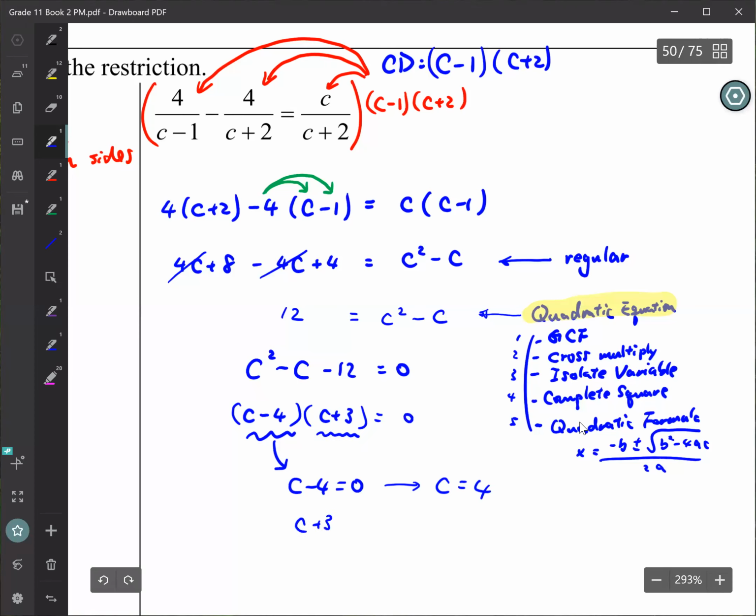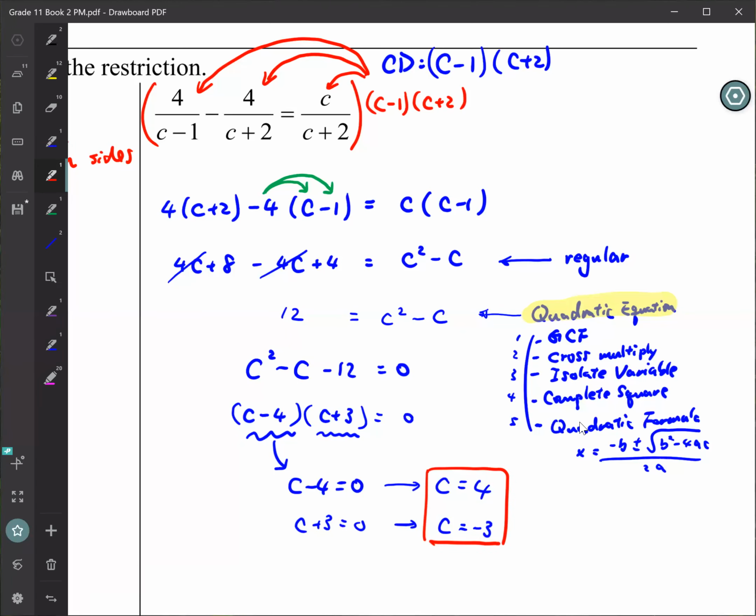C equals -3. Instead of restriction, where C cannot equal, these ones are C equals because they are answers. So that's your two answers for this rational equation.